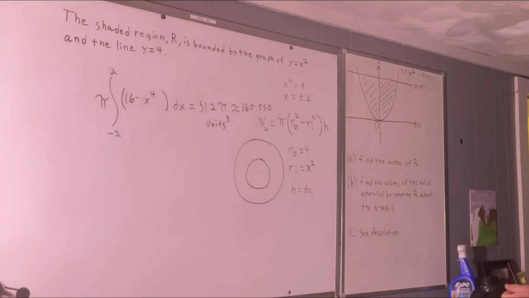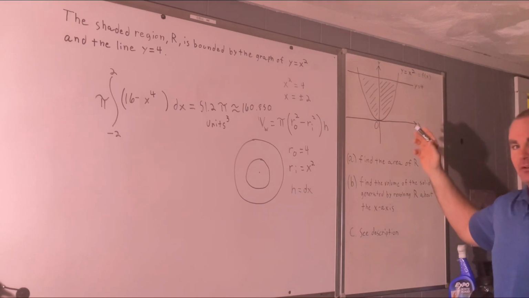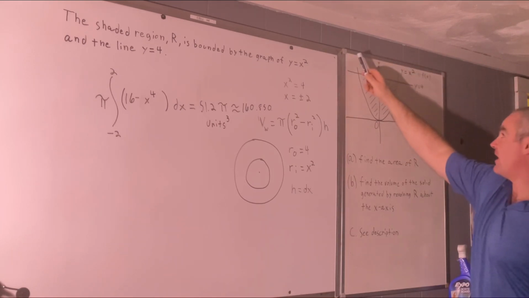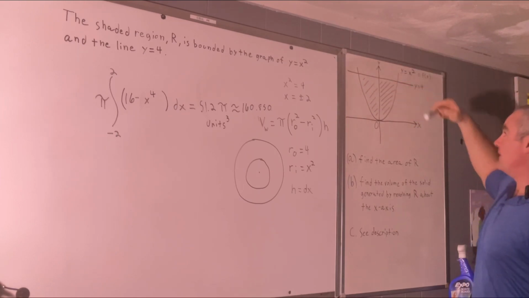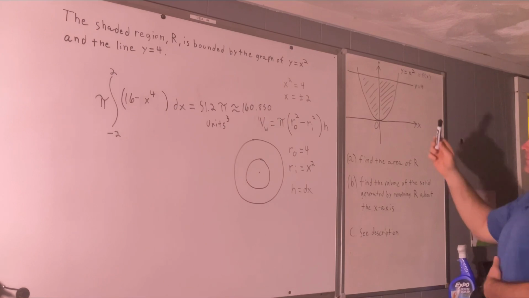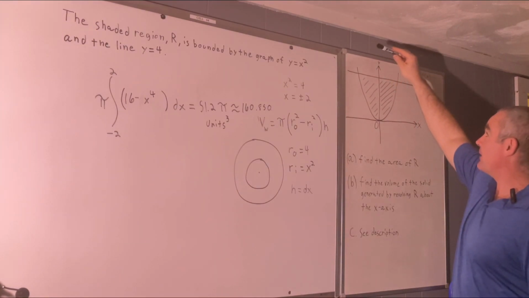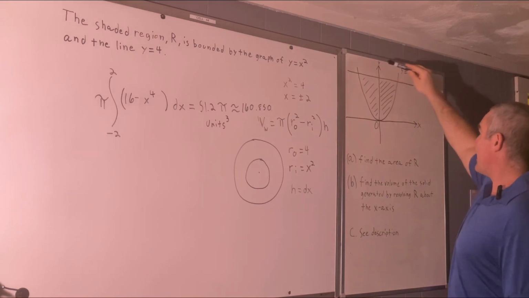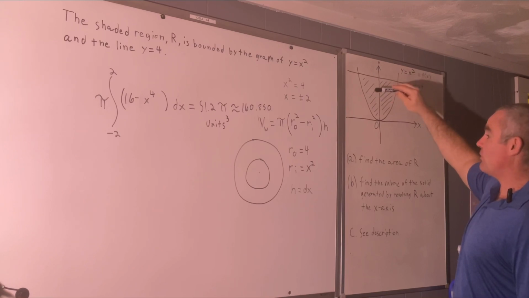All right, so we're going to use basically the same method. We're going to use the washer method, but our outer and inner radii are going to change based on this. So we have this line y is equal to k. We revolve this region around it. What is our outer radius? Well, the bigger of the radii is always going to be the distance from this line y is equal to k to our function x squared.